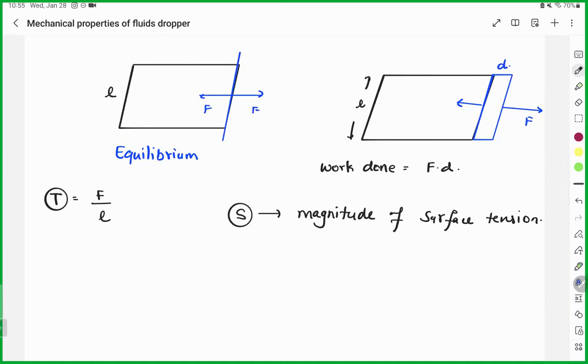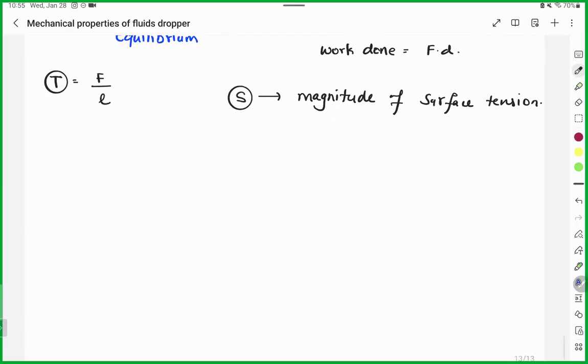You can use anything. Whether you represent surface tension with T or with S doesn't make any difference. Understood, guys? Why? Because in many books I have seen T as the surface tension symbol. In other books there is S.